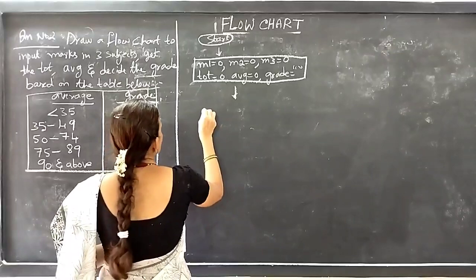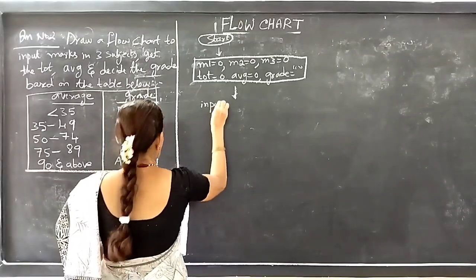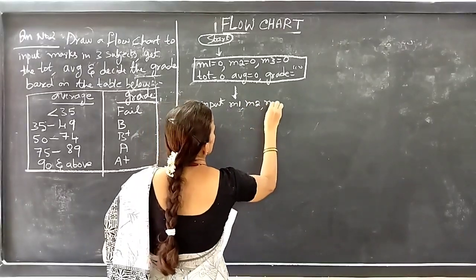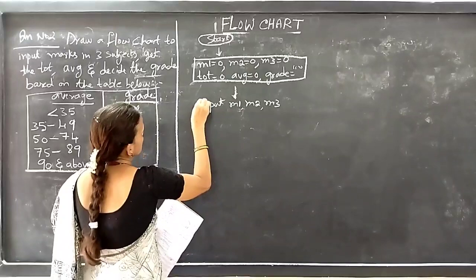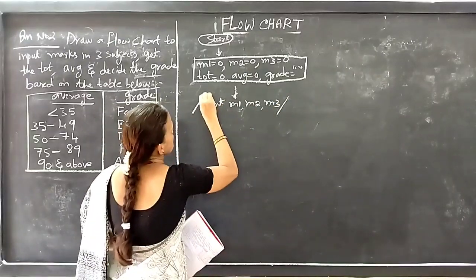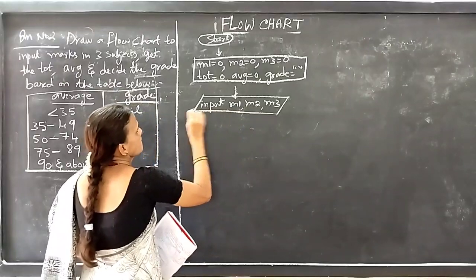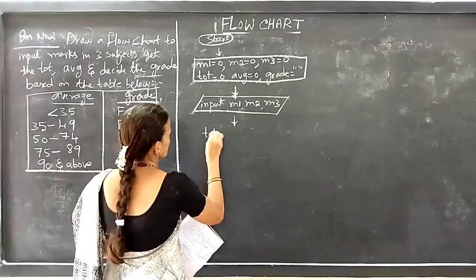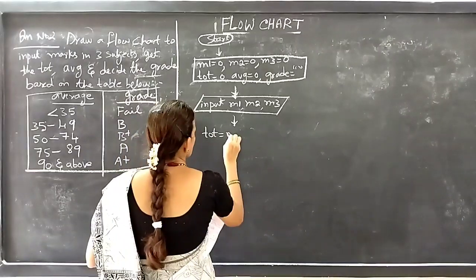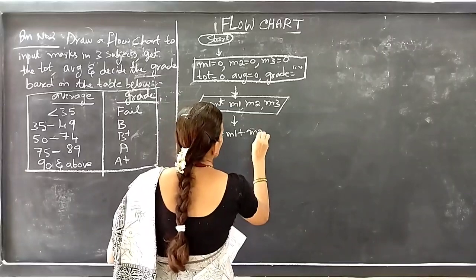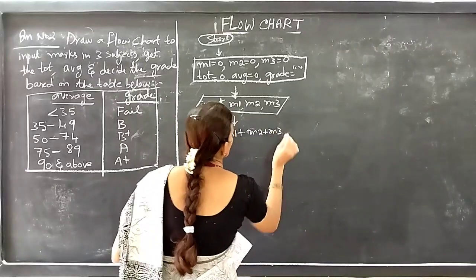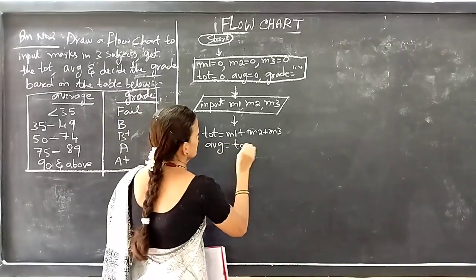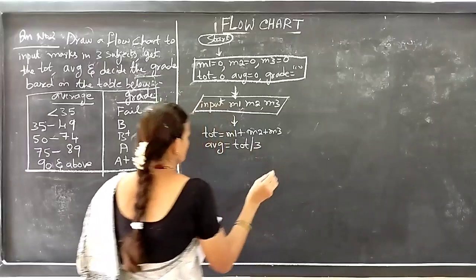Within the rectangle shape you have to write this. Next, input M1, marks 1, marks 2, marks 3. Now the next step is total is equal to M1 plus M2 plus M3, and average is equal to total divided by 3 subjects.